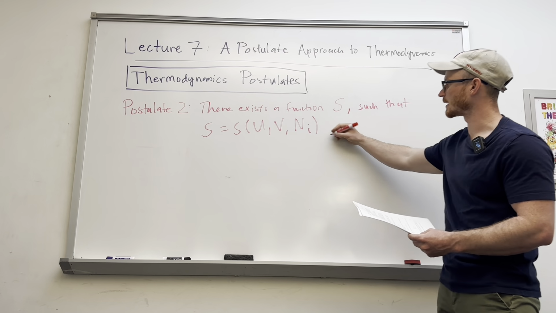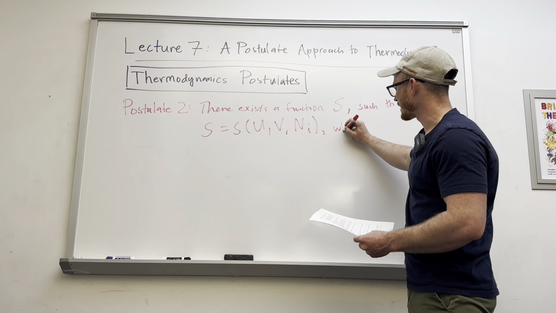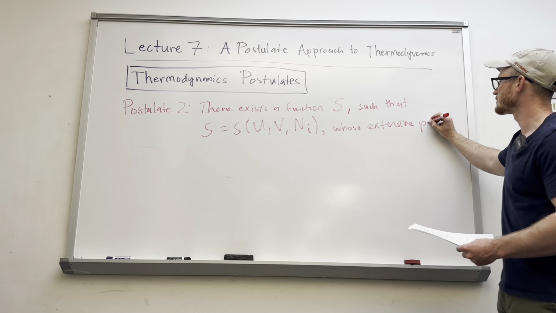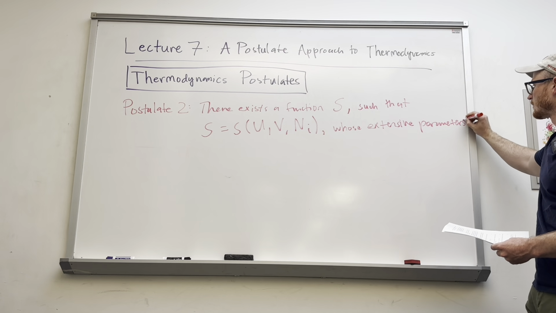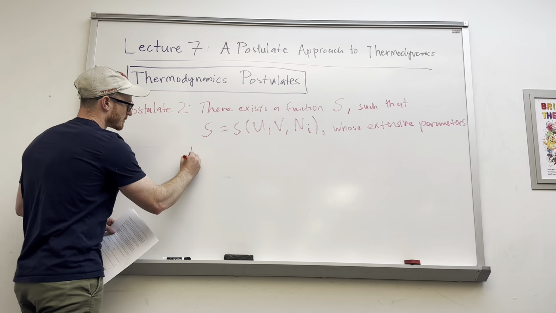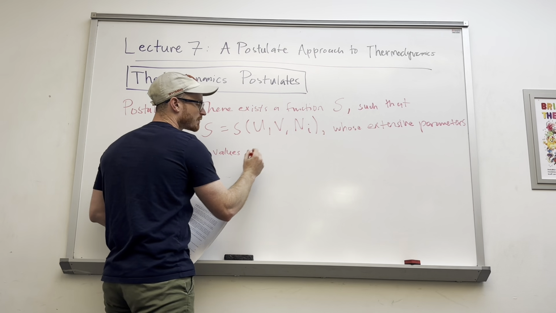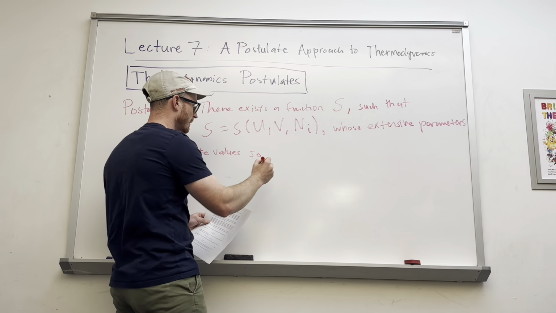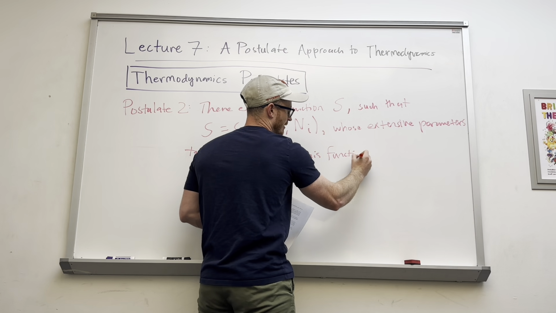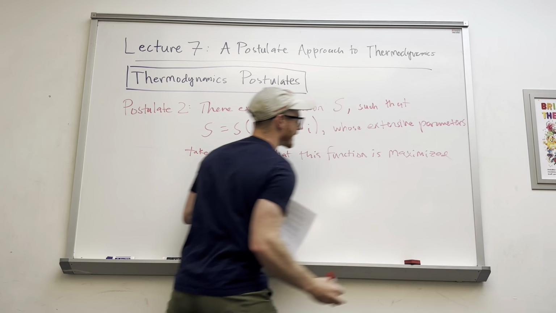So there is a function like this that exists, whose extensive parameters take values so that this function is maximized at equilibrium.